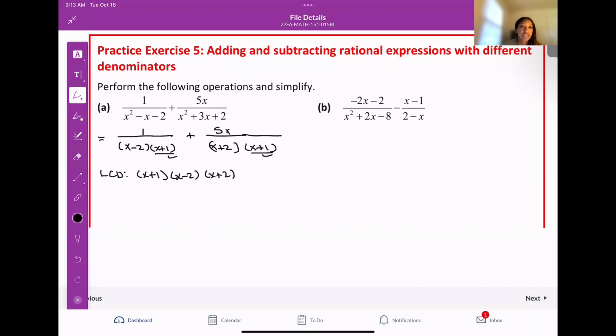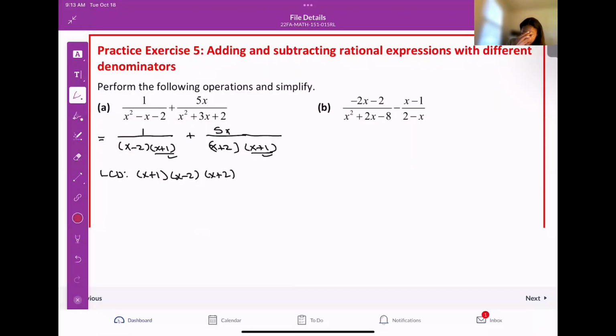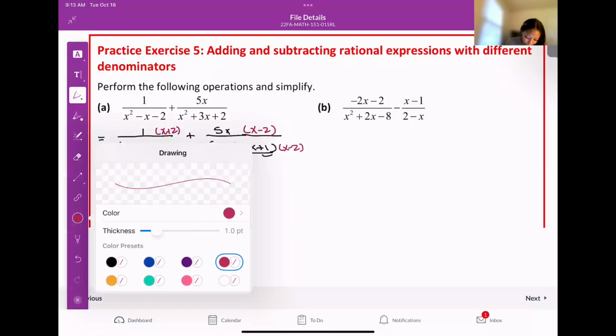Whatever factor is missing, we have to multiply by that. So in the first expression, we have the x minus 2, we have the x plus 1, we're missing the x plus 2. So we'll multiply this one by x plus 2 over x plus 2. In the second expression, we have the x plus 2, we have the x plus 1, we're missing the x minus 2. So we'll multiply by x minus 2.